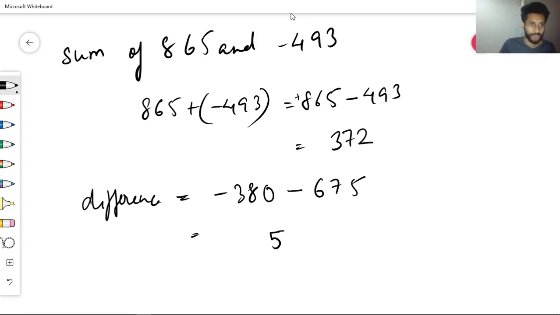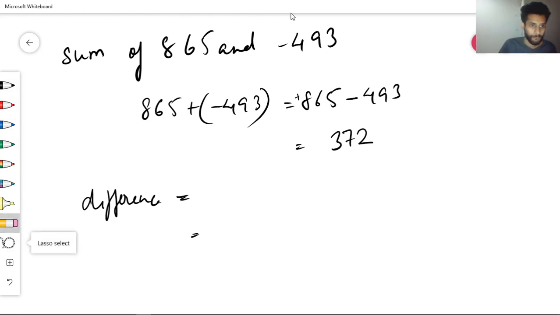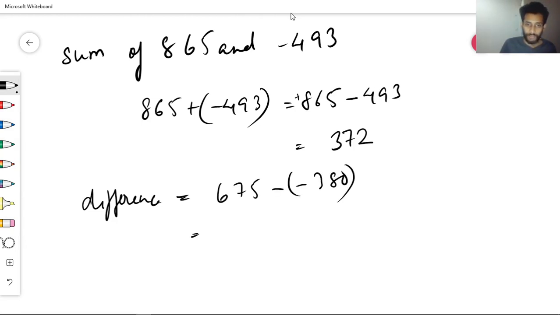The difference should always be the bigger number minus the smaller number. So I made a mistake here. Okay, let's rub it out. The difference should be 675 minus 383, the bigger number minus the smaller number. So obviously this is a smaller number, so we subtract it, plus 380, so it will be 5.